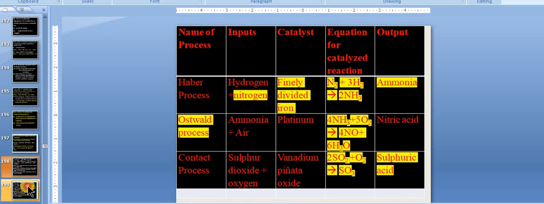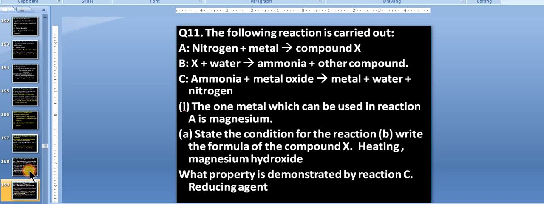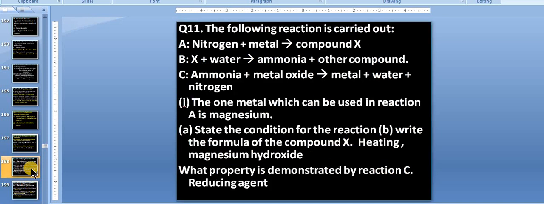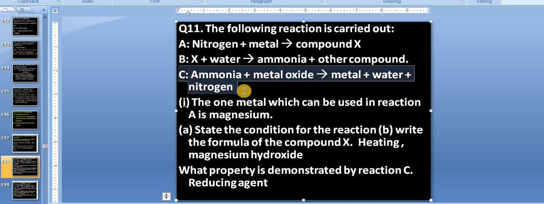Okay, now this question, I think you will be able to solve. Nitrogen plus metal, so everyone is clear it could be magnesium or aluminium, and plus water reaction you also know, gives ammonia and metal oxide. I want to know about this reaction. Ammonia plus metal oxide gives metal plus water and nitrogen.